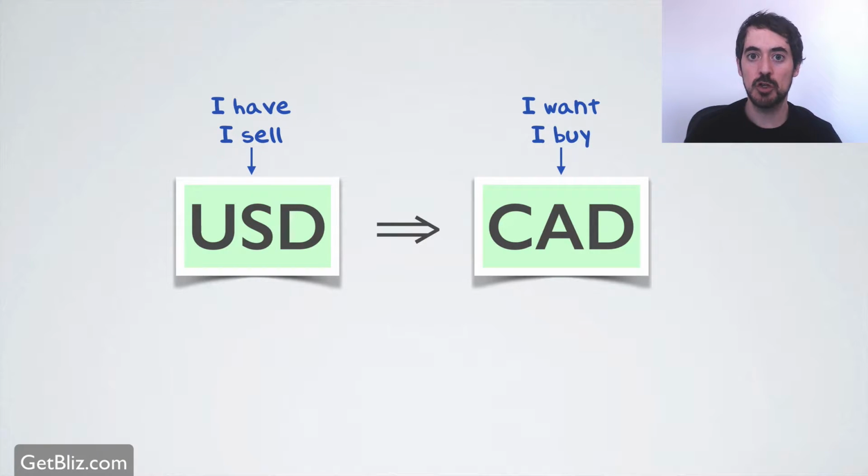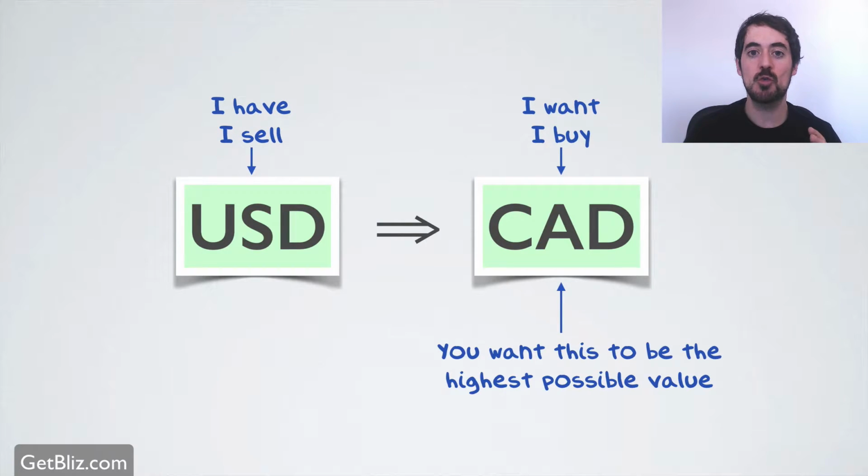This is important to know because when you see exchange rates, what you want to make sure is that whatever you want to buy, that value has to be the highest possible. So when you're comparing exchange rates from different exchange houses or foreign exchange services, that's what you want to make sure.